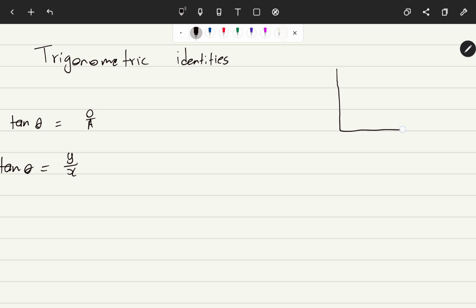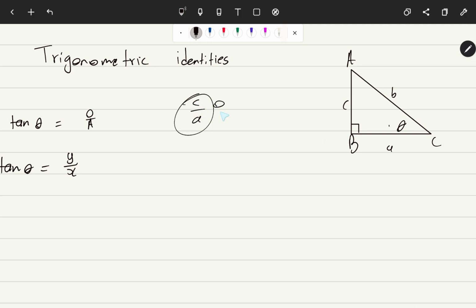So remember, in our small right-angled triangle, you have your theta here, and I'll label the sides A, B, C. Then tangent theta in this triangle of ours is opposite over adjacent, which is going to be C over A. That is what we know a tangent to be.